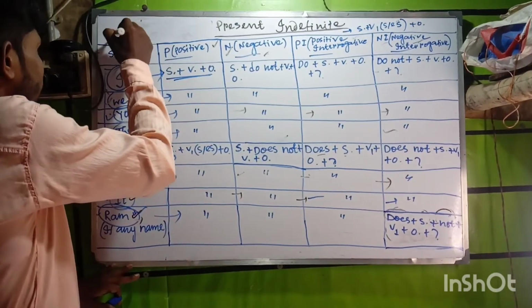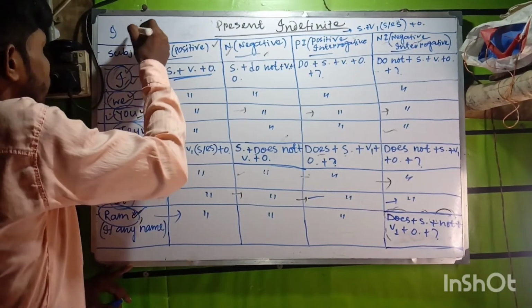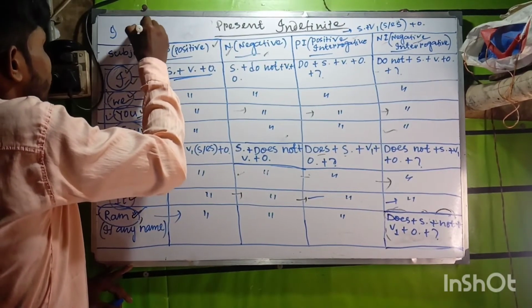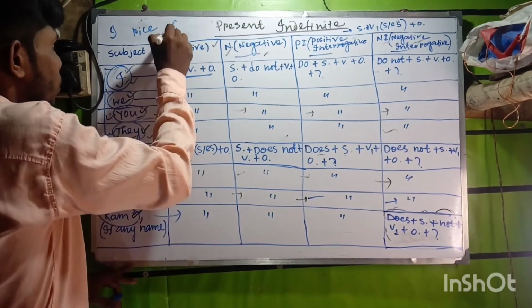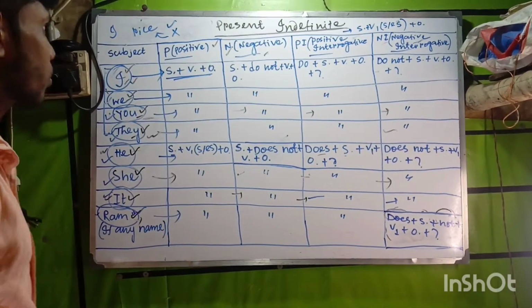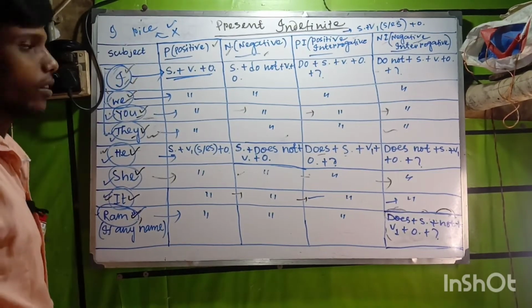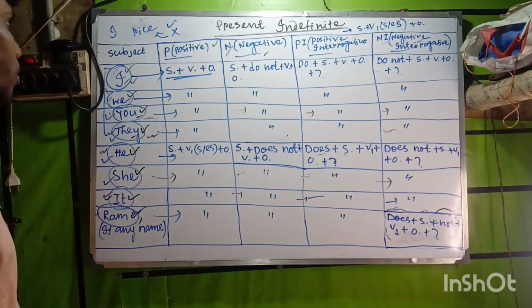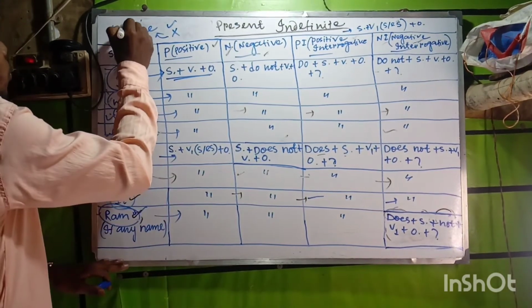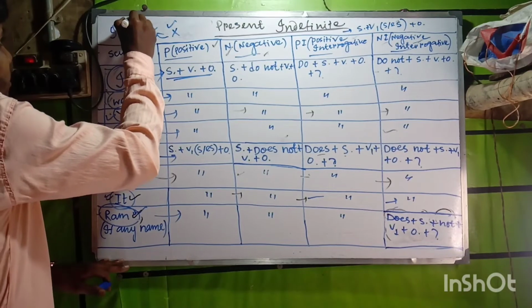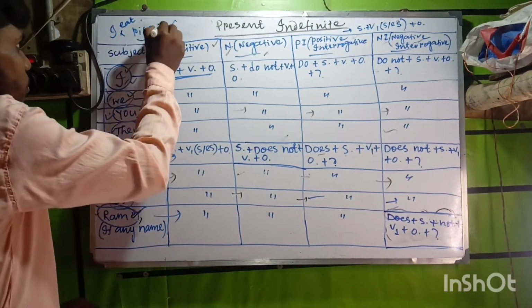I write down a sentence: "I rice." Is it a sentence or not? No, it is not a sentence because there is a lack of verb. When we put down "I eat rice," this is a correct sentence.